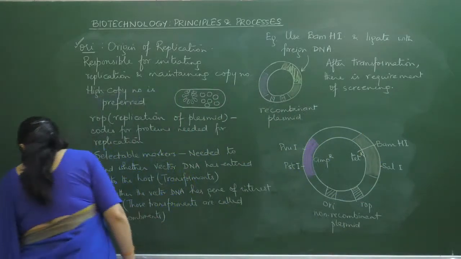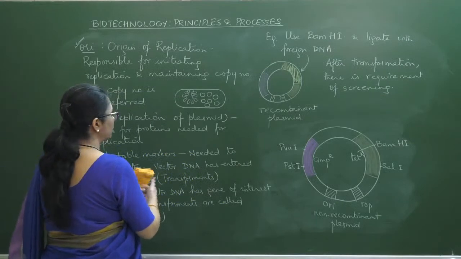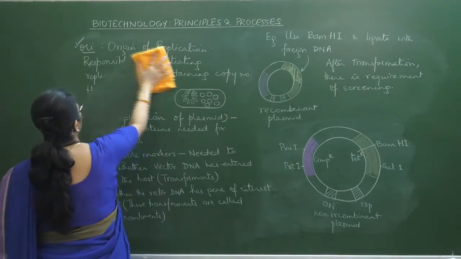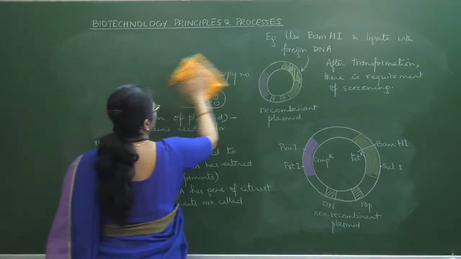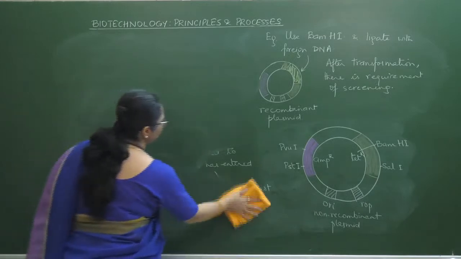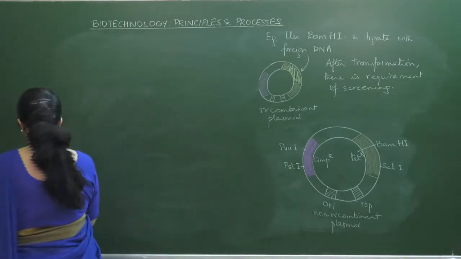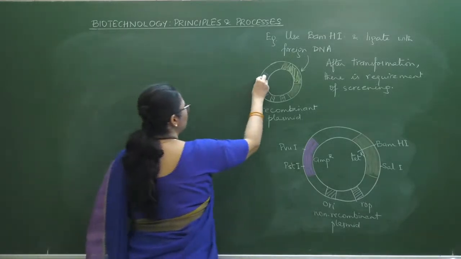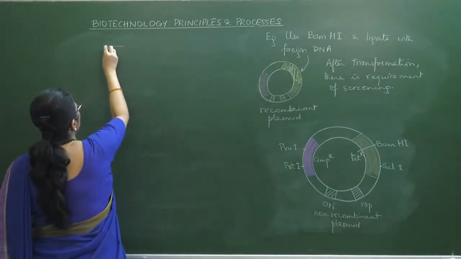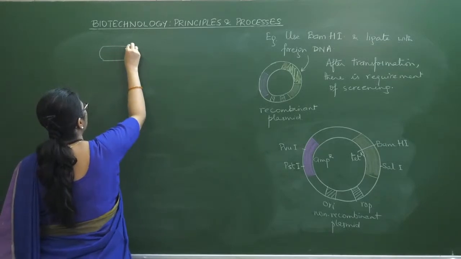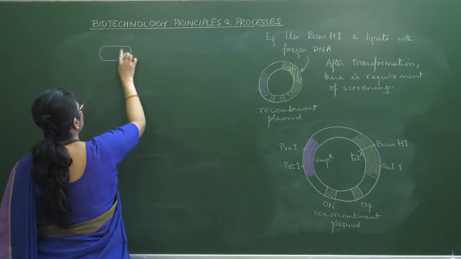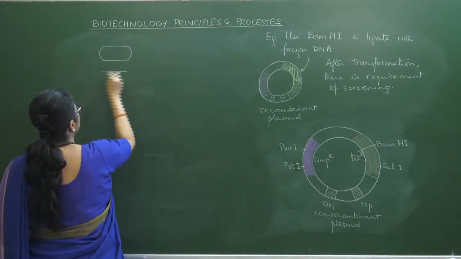So in this case, what is done is that, I'll just move, this is not needed, yes. So now you see we have three types of bacteria with us. One in which the plasmid couldn't get in at all. Okay, so let us put it in the form of a diagram, that way it will be easy. So here, no plasmid.